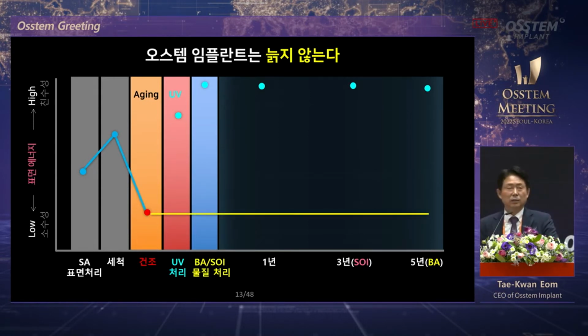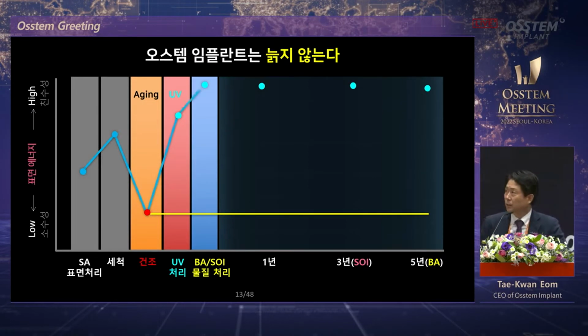So if you launch a product here, they don't get aged 5 years or 8 years. So if UV treatment is done, the surface energy would go up quite a lot, but it goes away in a year.